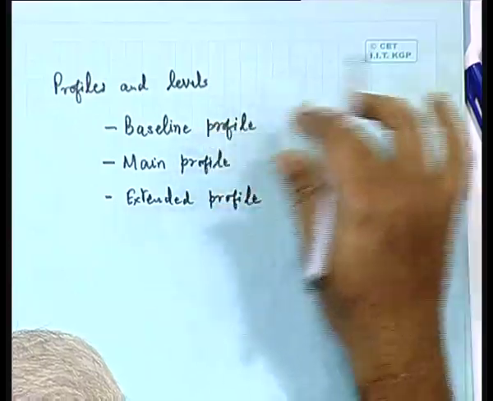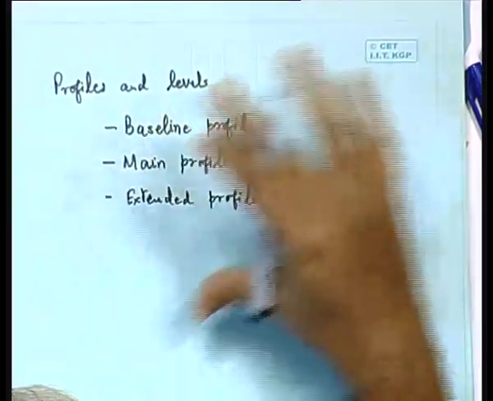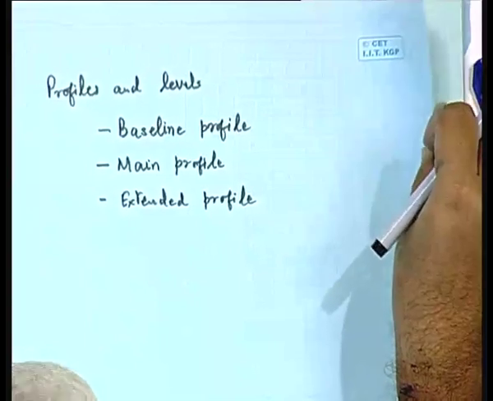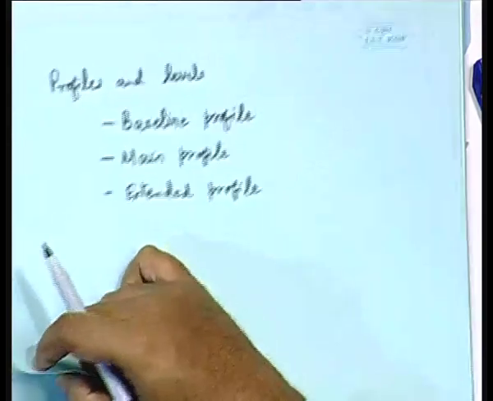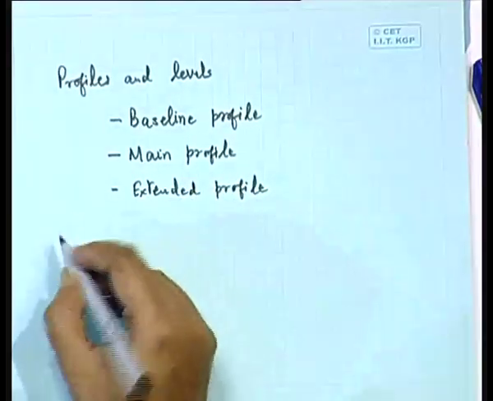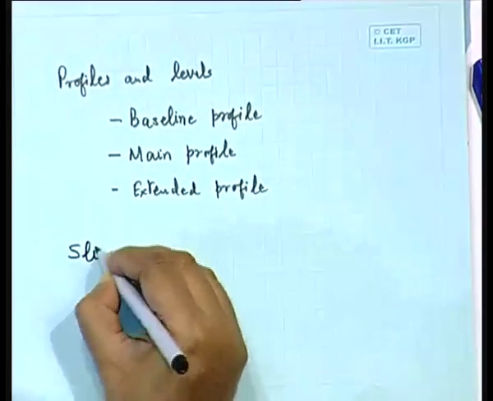Now, in the matter of profiles, before we discuss how the baseline profile, main profile and extended profile characteristics are formed, it is very important on our part to introduce the concept of slices.